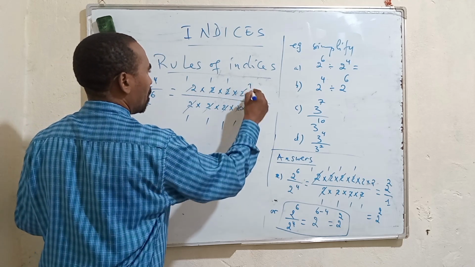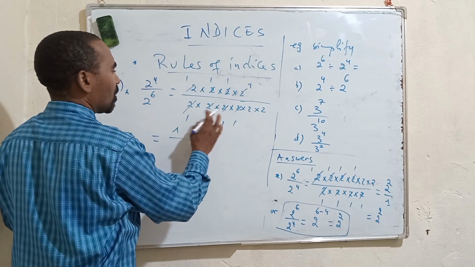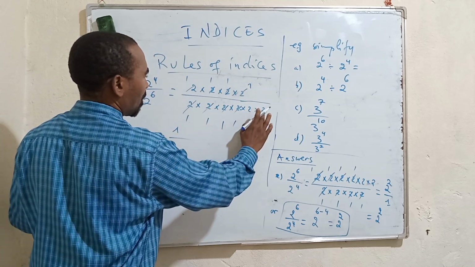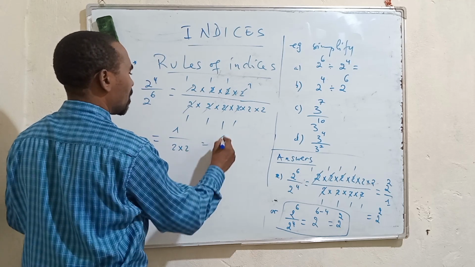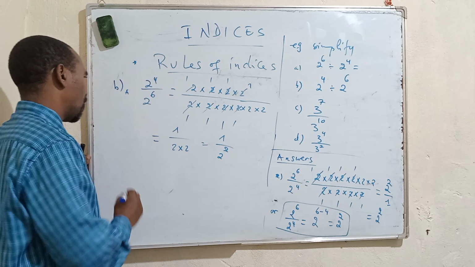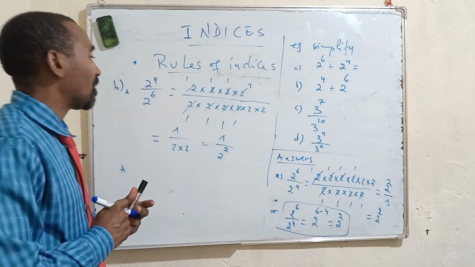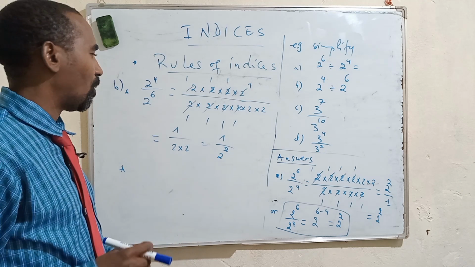You see, above I get 1 times 1 times 1 times 1, which is 1. Below I have 1 times 1 times 1 times 2 times 2, which is 2 times 2, so finally 1 over 2 power 2.